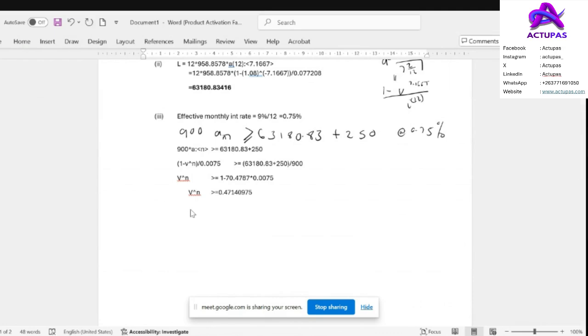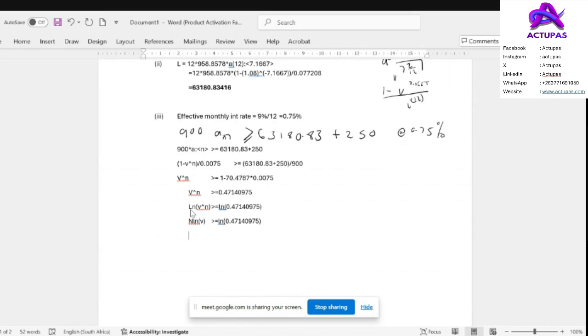If you introduce ln to both sides, this would be ln v to the power n is greater or equal to ln of this. And then using the laws of logarithm, this is n ln v is greater or equal to ln of that.